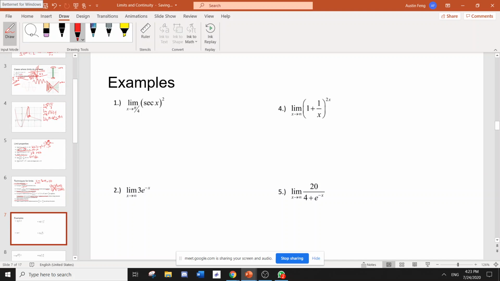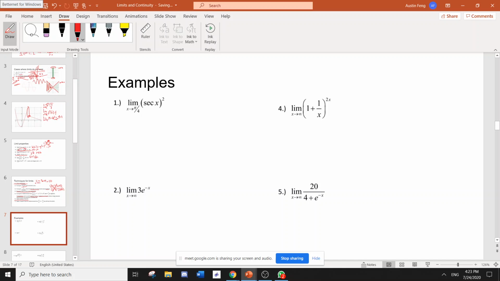So for some examples. Number 1, we see that we have the limit as x goes to pi over 4 of secant of x squared. So we can do direct substitution for this one, because there is no indeterminate form or some sort of 0 over 0 thing going on.